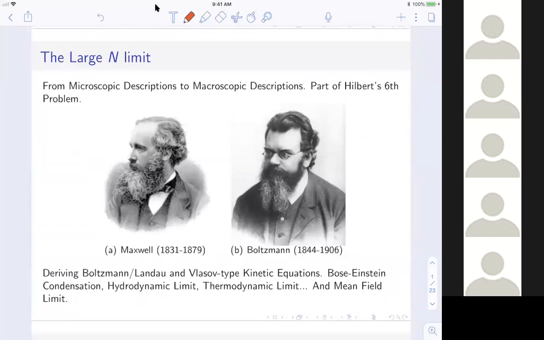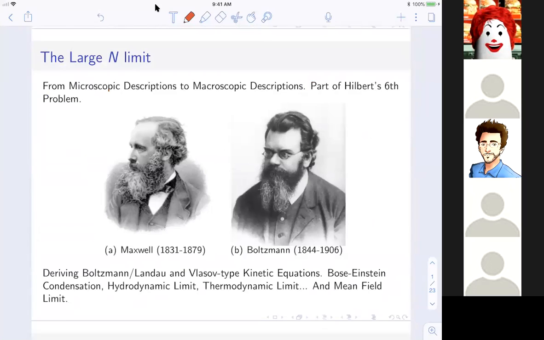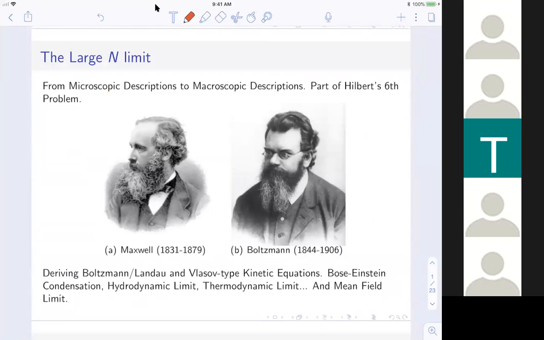So before we start, let's just mention this. This is the problem we are considering, the mean field limit. It's one type of large n limit problem. Actually there are a lot of problems in this flavor. It's part of Hilbert's sixth problem.